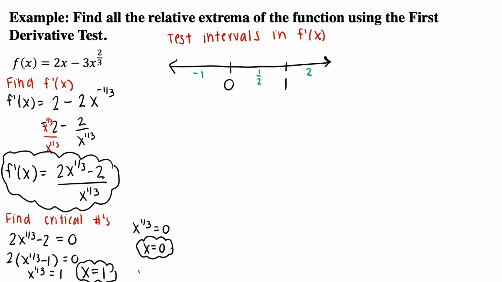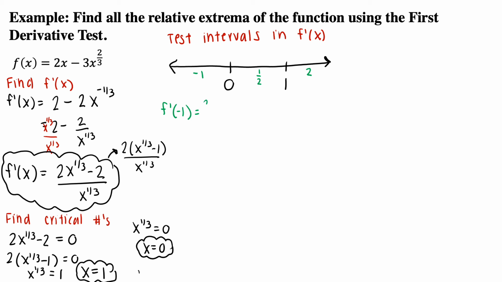We're plugging these into our derivative, so looking at f prime of -1, let's think of this derivative as being 2x to the 1/3 minus 1 over x to the 1/3. See if that's a little bit easier.